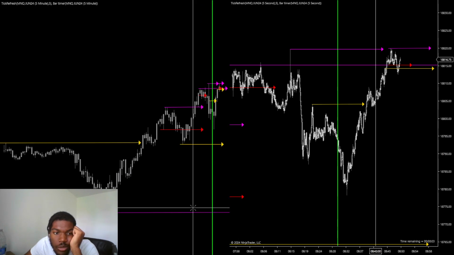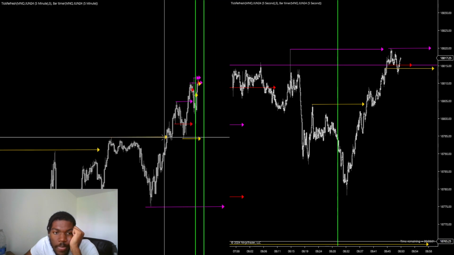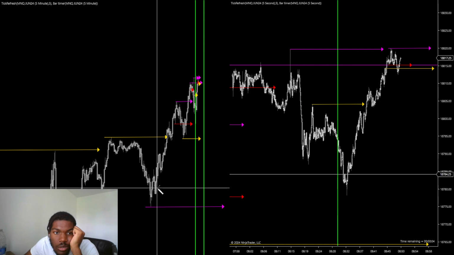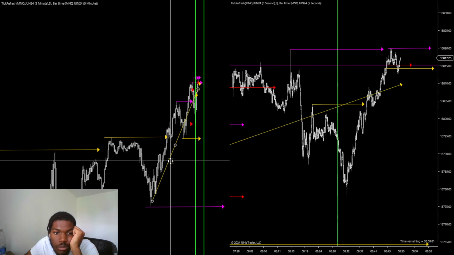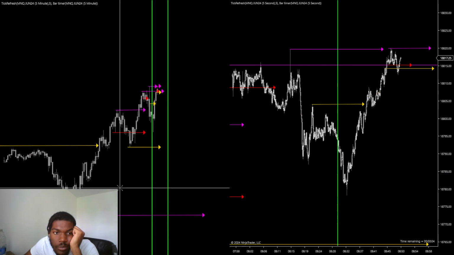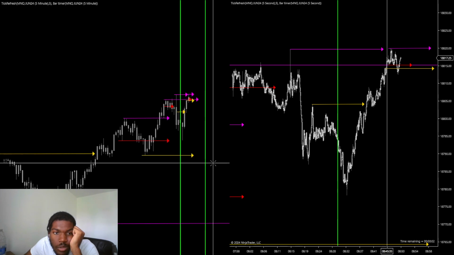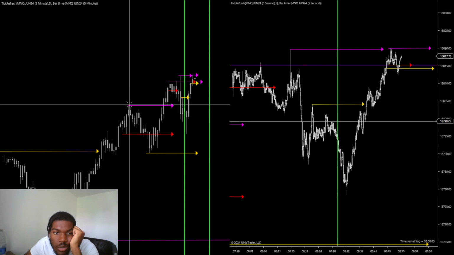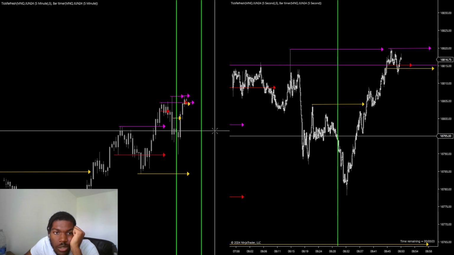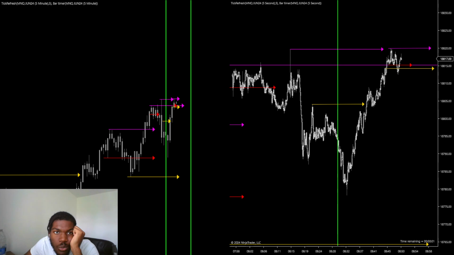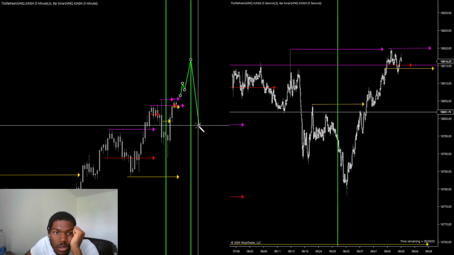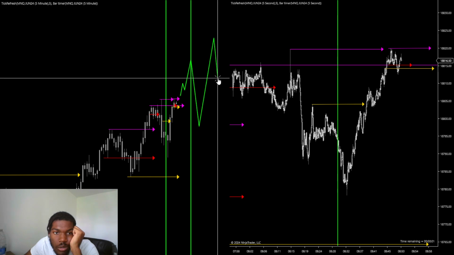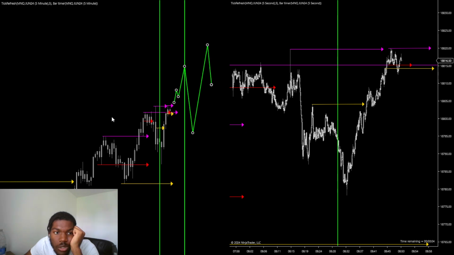If we do, that's fine. Why? Because in this trend up, this is only the second pullback. So we can see some shit like that, right? Make that a different color.